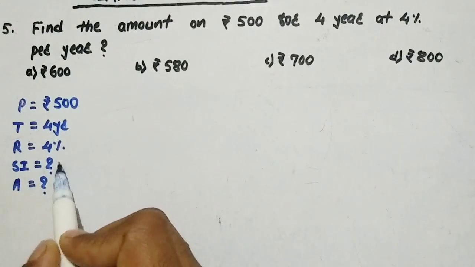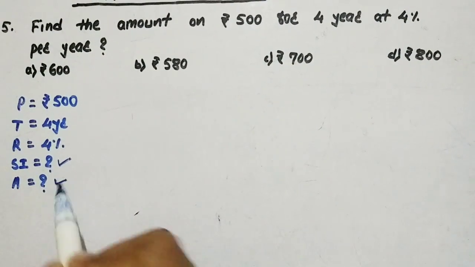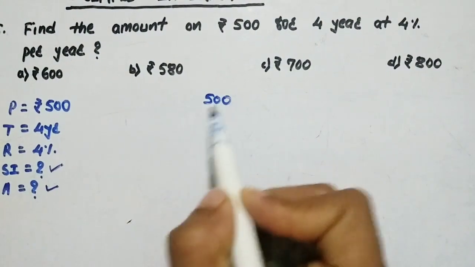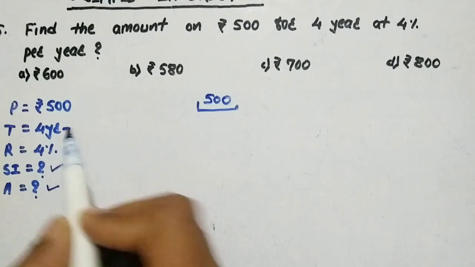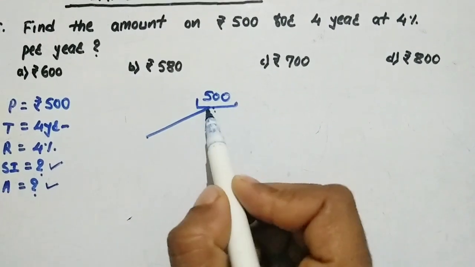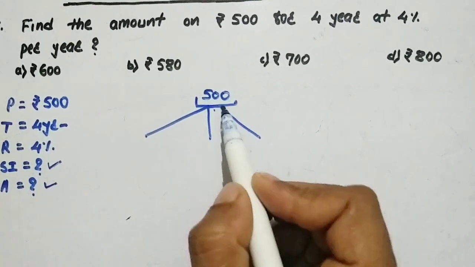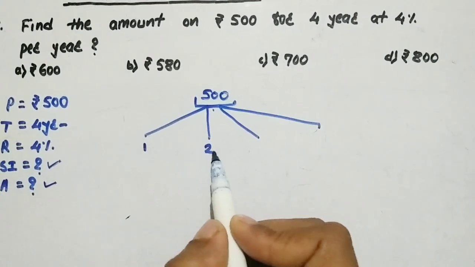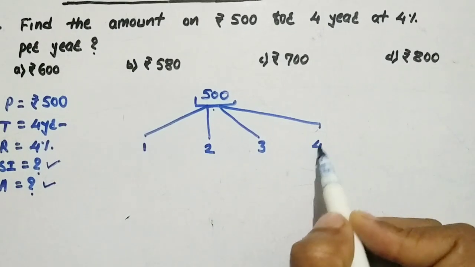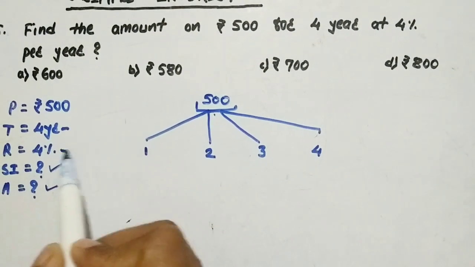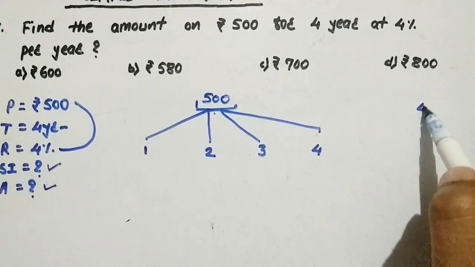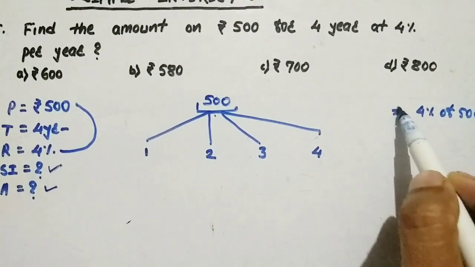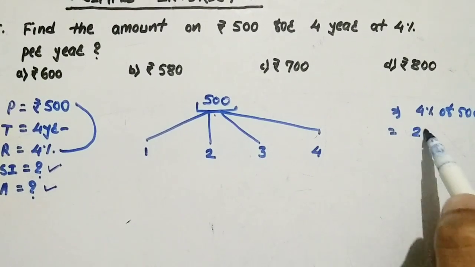First we calculate simple interest, then we calculate amount. The principal value is 500, and for 4 years we divide into 4 parts, the first year, second year, third year, and fourth year. So 4% of 500 is equal to 5 4s are 20.